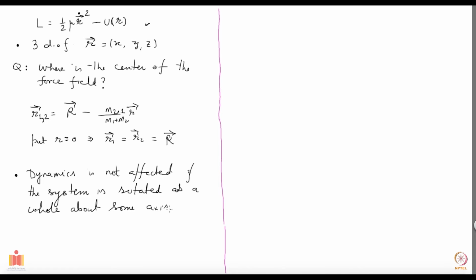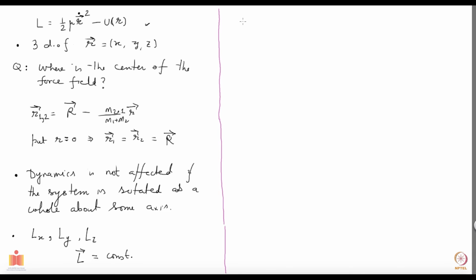Now, as I said, because you have three mutually perpendicular directions you can take, this implies that there are three angular momenta which are conserved, which are Lx, Ly, and Lz. Or equivalently, I can put it as a vector equation and say that L is equal to constant. This will be a constant of motion. So whatever your system does, L will remain unchanged. This is what the symmetry implies.